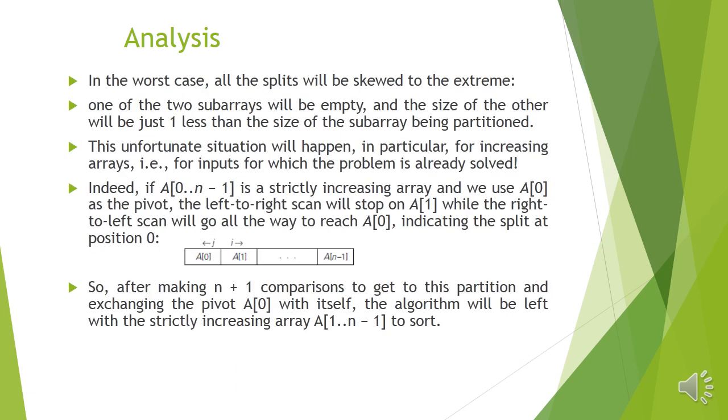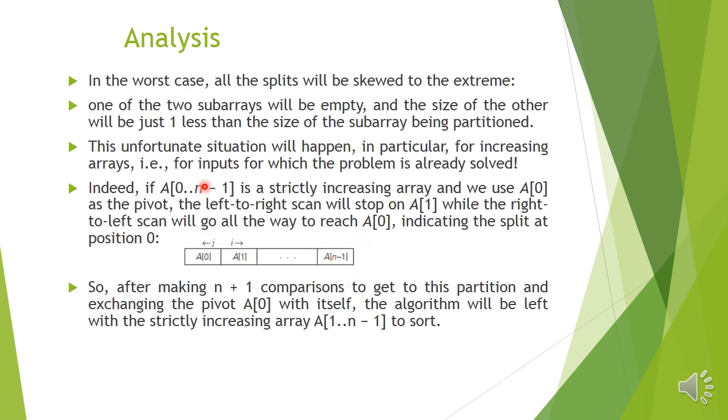The worst case of the algorithm is when all the splits happen at the extreme end. Suppose you consider an array where the pivot element is always the first element, or sometimes the last location.